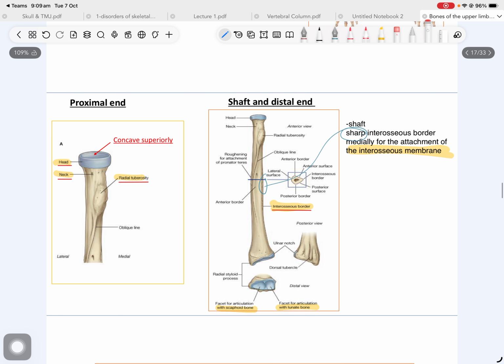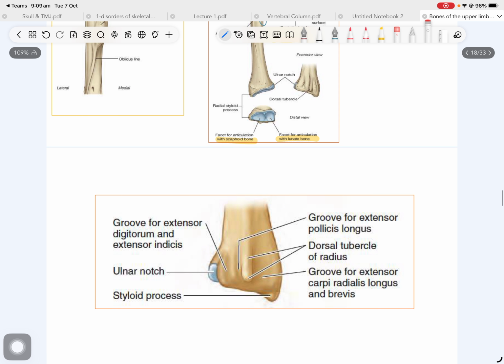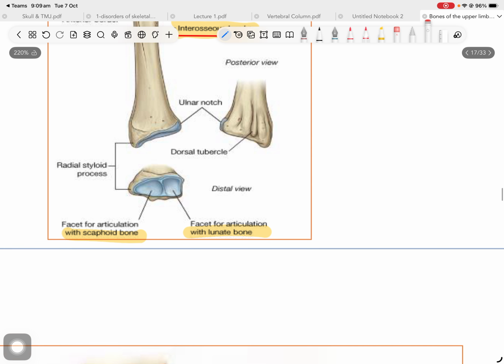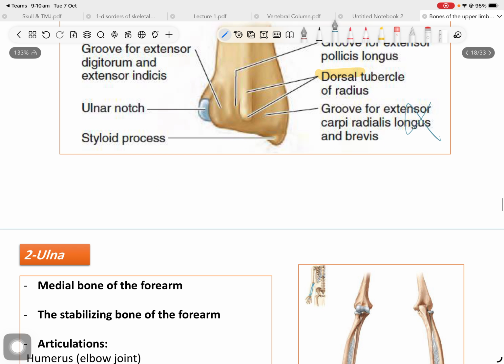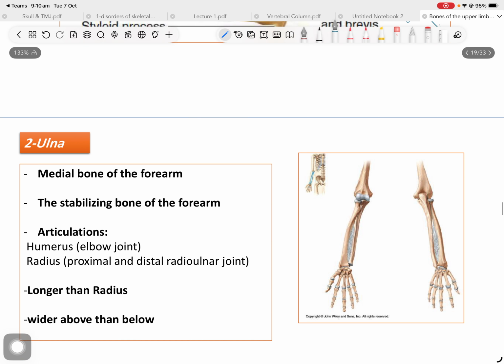So very simple about the radius. Here, at the distal end posteriorly, I have a tubercle, we call it the dorsal tubercle. On both sides, I have different grooves due to the tendons of different muscles. We will talk about them later, so don't worry about them now. You will learn all of them in the muscles lecture. Any questions so far?